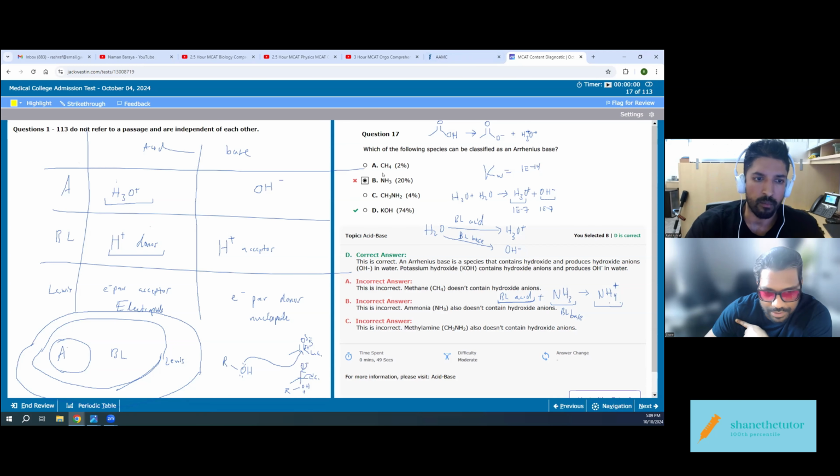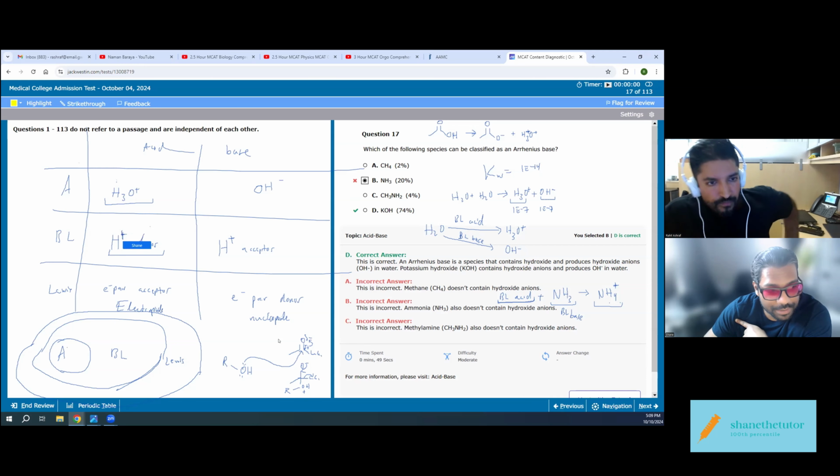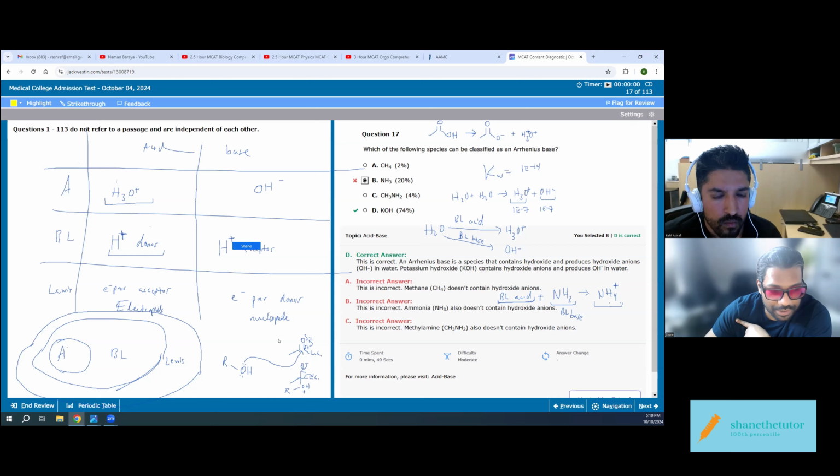Yeah, I think I just have to be careful, because a Bronsted-Lowry acid is an H plus donor, but then a Lewis base is an electron pair donor. So you can think of it like this: an acid donates positively charged things, and a base accepts positively charged things, in these examples.